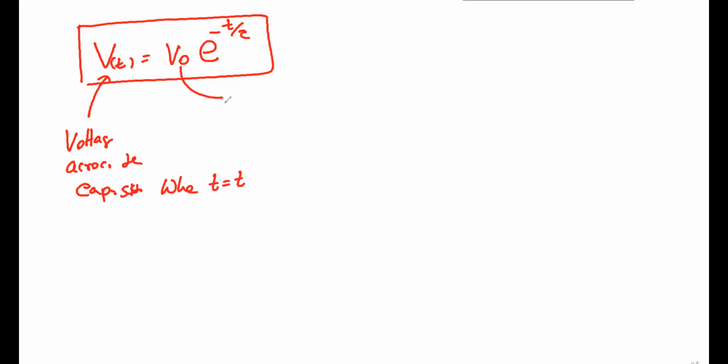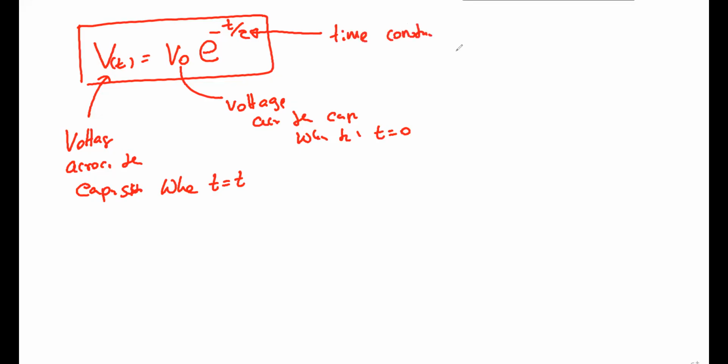And V naught is the voltage across the capacitor when the time is equal to 0. And this tau, we call the time constant. And this tau is equal to RC. And you know R is the resistance, R is the R_TH, the Thevenin resistance.